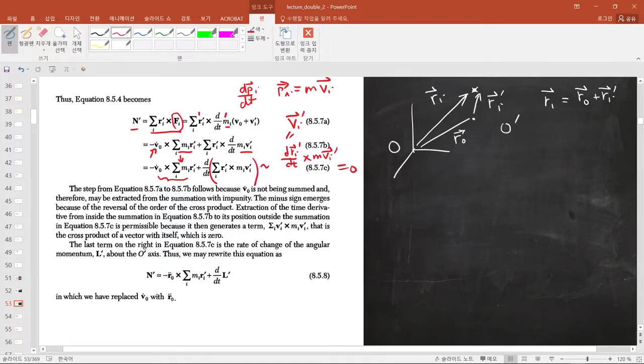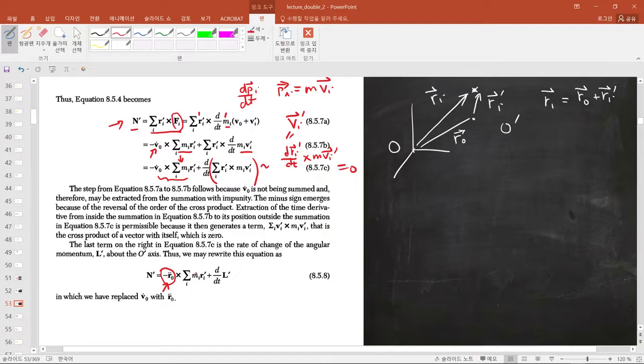Okay, so N prime is equal to minus this v0 dot, which is minus r0 double prime, that is the acceleration of this reference frame. If this is pure translation, then this is always 0.